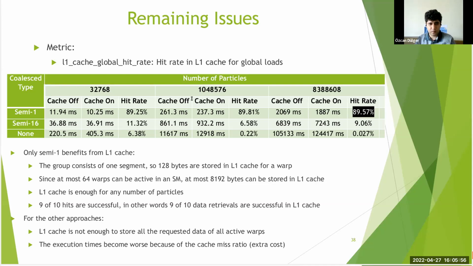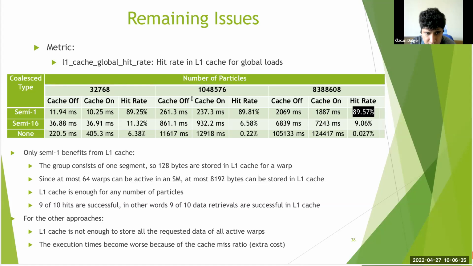Since 128 bytes are stored in L1 cache for a warp, which has 32 elements, so it is 128 bytes, and the warp performs a memory operation in one transaction.